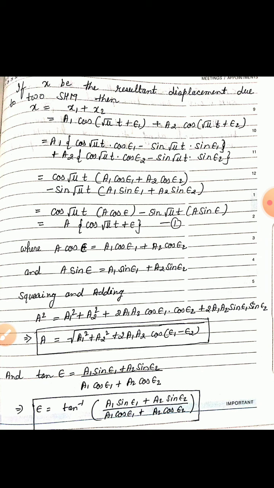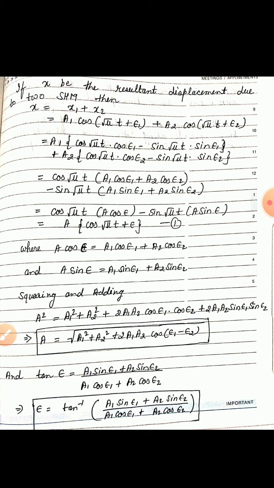Taking cos √μ t common, we get A1 cos ε1 plus A2 cos ε2. Similarly, if we take minus sin √μ t common, we are left with A1 sin ε1 plus A2 sin ε2.